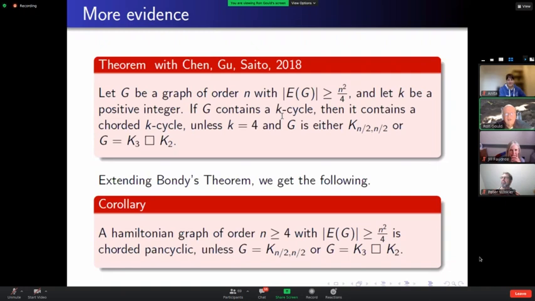And extending Bondy's theorem, using our theorem above, we get the following corollary: a Hamiltonian graph of order n at least 4 with at least n squared over 4 edges is chorded pancyclic, unless it's one of those two exceptions. So that's a combination of Bondy's result and our theorem.